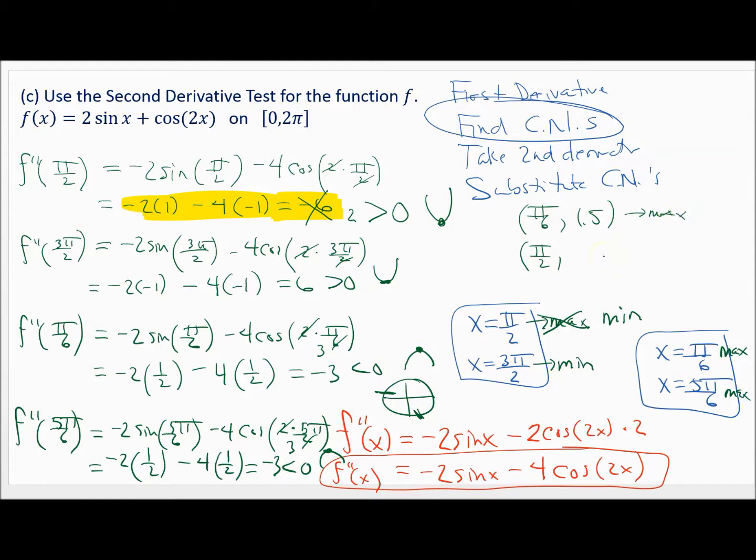Pi over 2, 1 is a min, a relative min. And then 5 pi over 6, 1.5 was a max. And then the last point was 3 pi over 2. I'm going to write it way down here, y'all. 3 pi over 2. And that y value was -3. And that was a minimum.